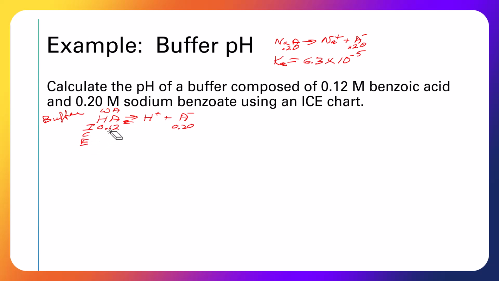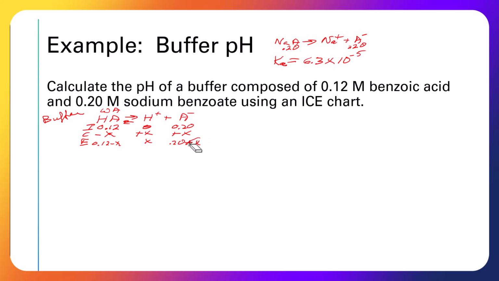And I want you to notice how much time it takes to actually perform this. We're going to have minus x, plus x, plus x. We add the initial to the change line. We get 0.12 minus x, that is an x, and 0.20 plus x.